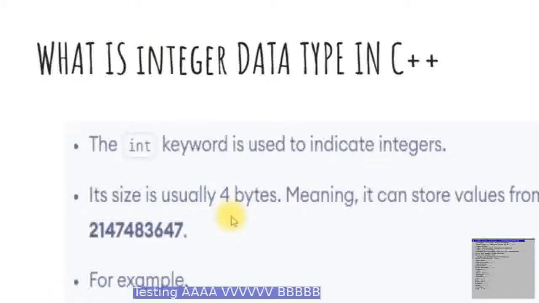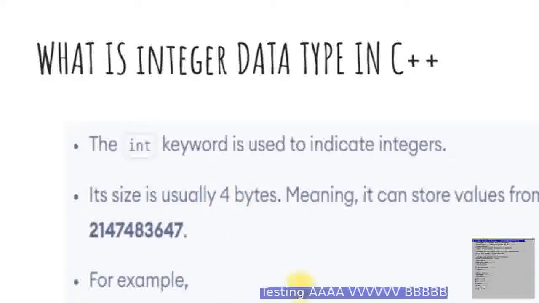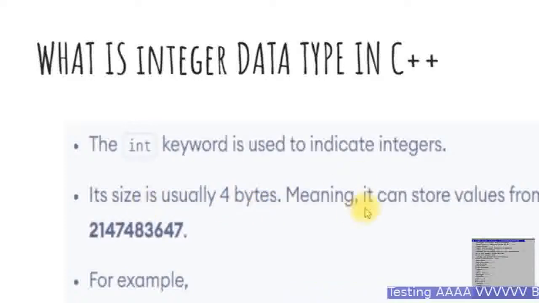Now the important thing is the size of this variable that you declare. You can make another integer type variable, let's say int xyz. The size for an integer type variable will be 4 bytes, meaning we can store values from negative of this number to 2,147,483,647.